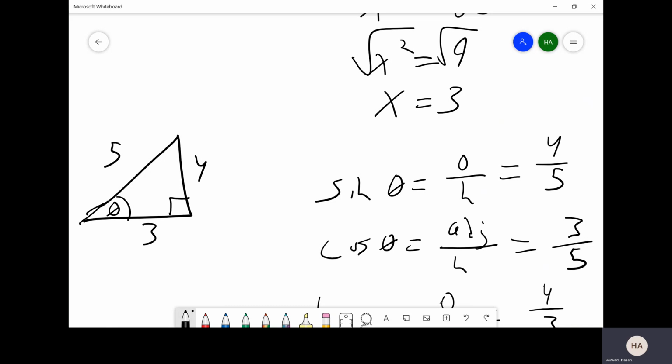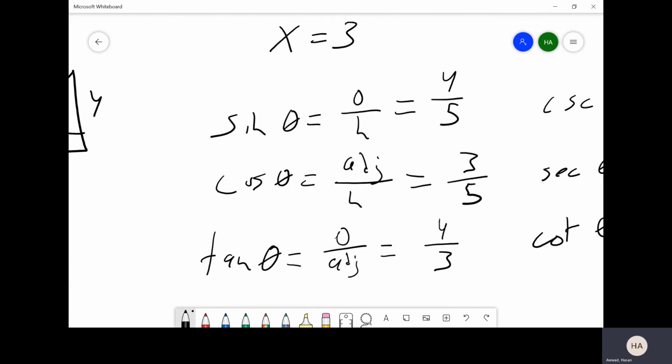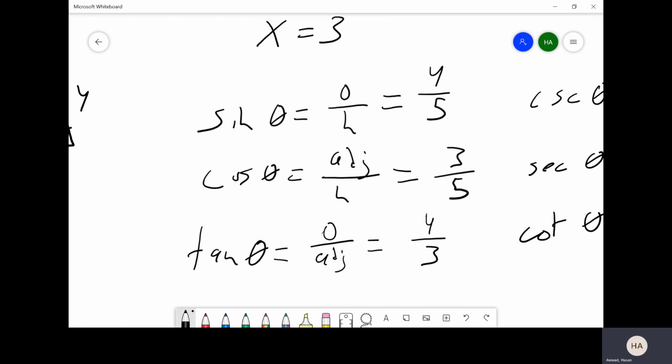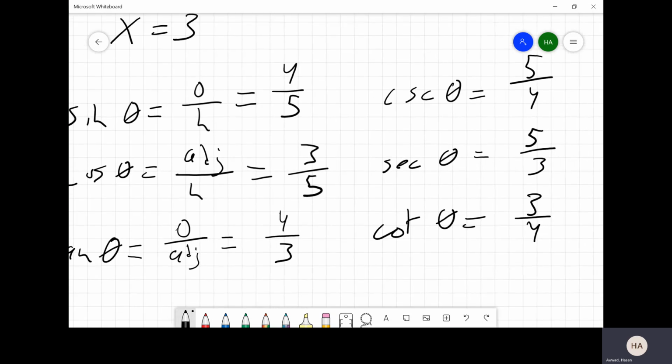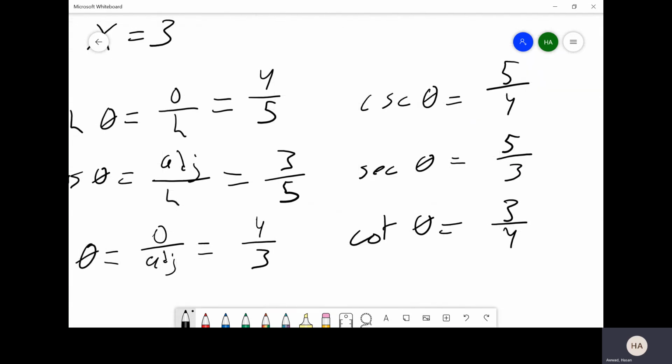SOHCAHTOA. And applying SOHCAHTOA, we found the following fractions: 4/5, 3/5, and 4/3. And then applying what we learned as well as far as the other 3 trigonometric functions being reciprocals, we can just take those fractions that we just gathered and flip them around. So instead of them being 4/5, it's 5/4. Instead of it being 3/5, it's 5/3. Instead of it being 4/3, it's 3/4. Again, the hardest part here is remembering the partnership between the 2, right?